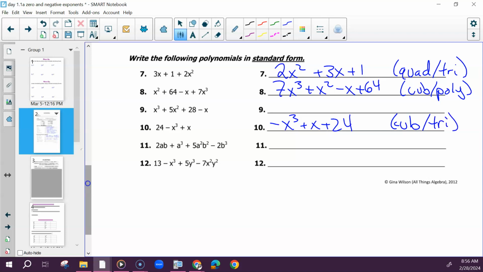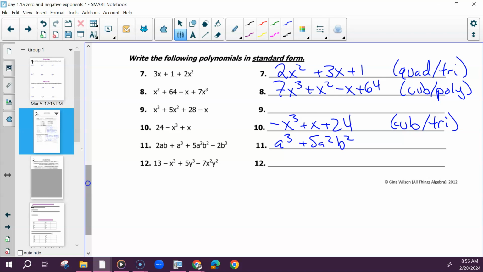And then 11 and 12 are different because we have different variables. So with that ABC order, we're looking for A first. A also happens to be the highest exponent, so A to the 3rd. Then you deal with everything that has A first. So the next one that has an A in decreasing exponent order is your 5a squared b squared.